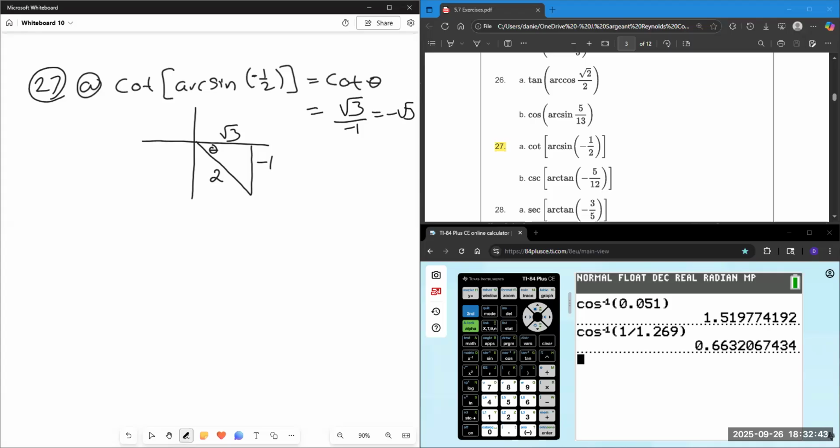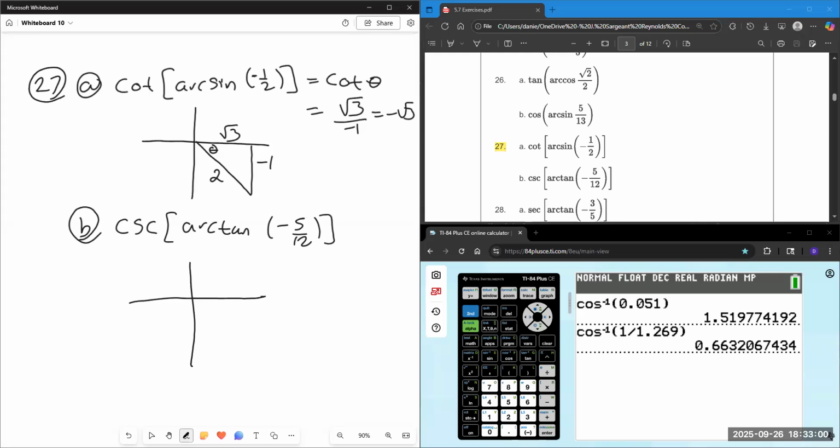Part B, cosecant of the arc tangent of -5/12. So we're down in quadrant 4 again. -5/12 for the tangent value.